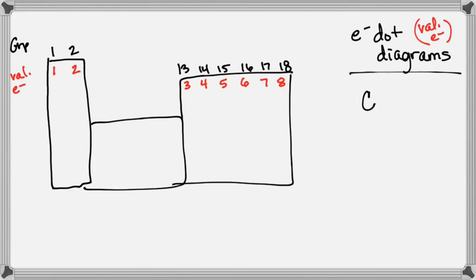With those 4 electrons, just don't put more than 2 per side. I've got 1, 2, 3, 4. I would be totally fine if you were even more realistic and you put the first 2 in S, great, and then 3 and 4.